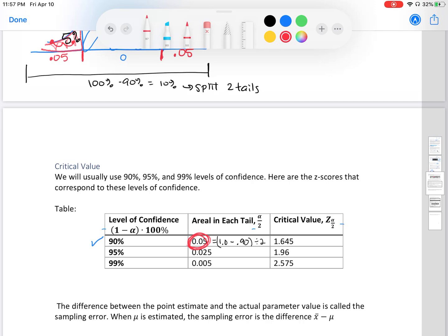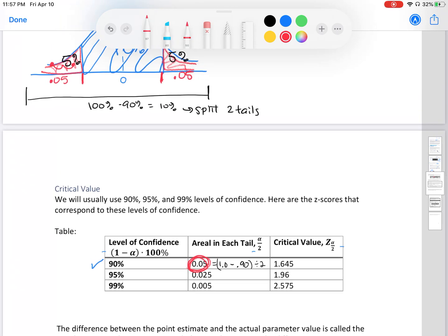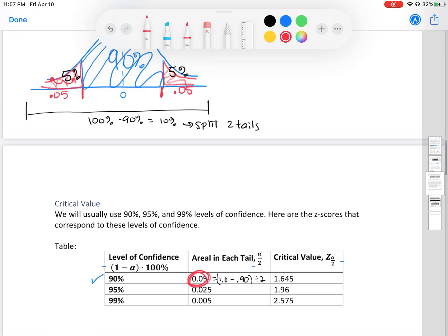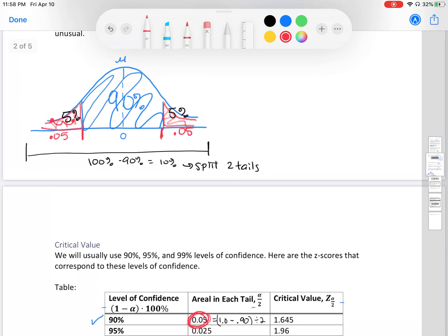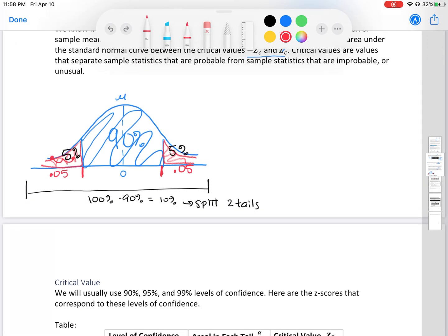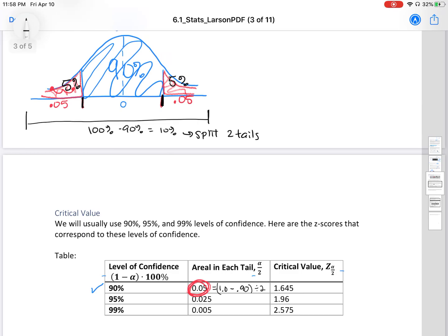And this is the work that we set up for it. 1 minus our alpha times 100, and then we have alpha divided by 2, and then we have our z-value of alpha divided by 2. Again, it's referring to that 0.05. Now again, these z-values represent the z-scores. We have that chart to guide us, but if you're unsure, you can always find it yourself.